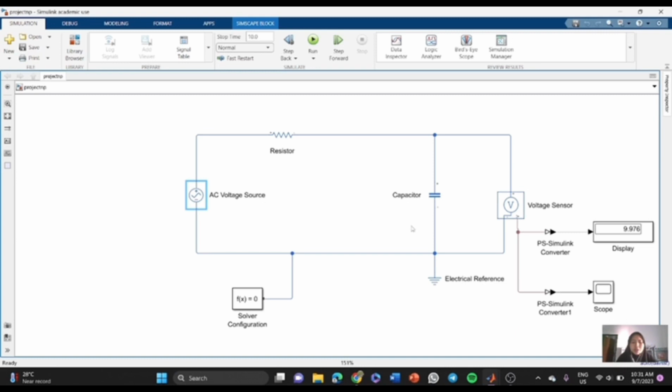To see the display of the output voltage value on the Simulink, we need to connect the display element, along with the scope to broadcast the AC graph signal of voltage output, through the PS-Simulink converter on both elements.